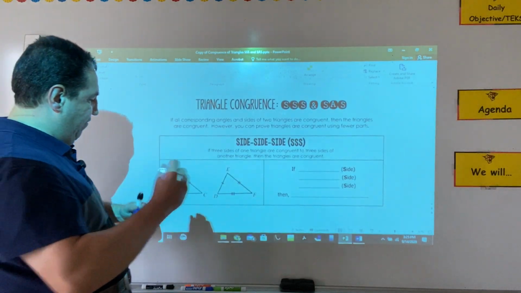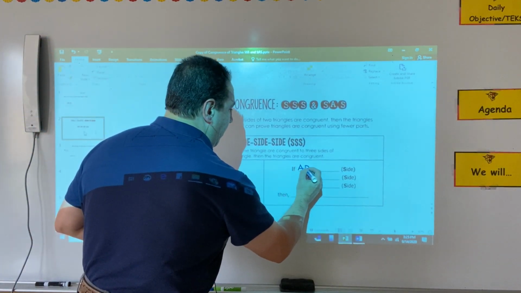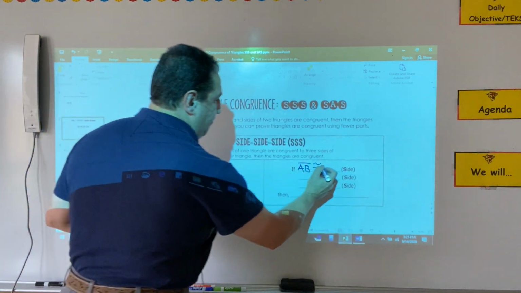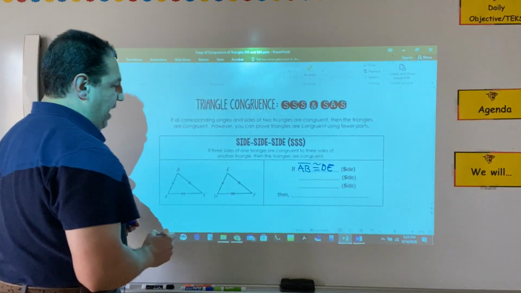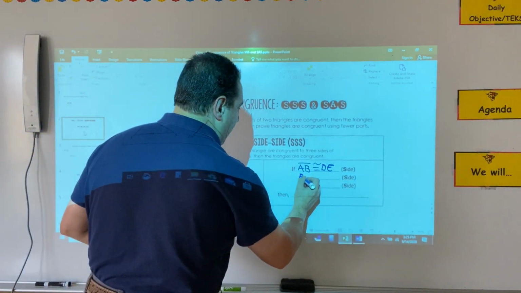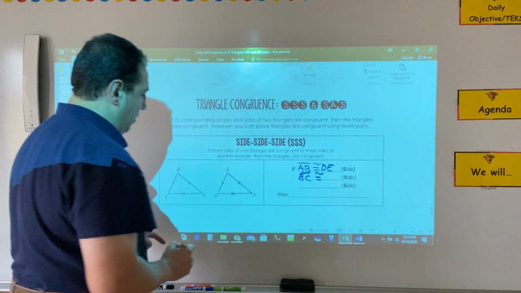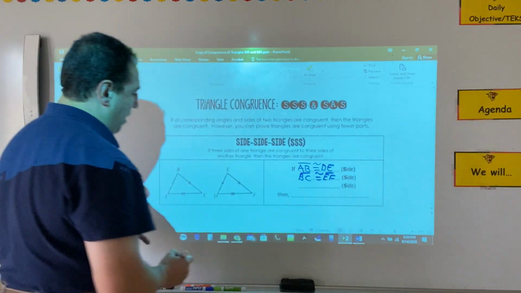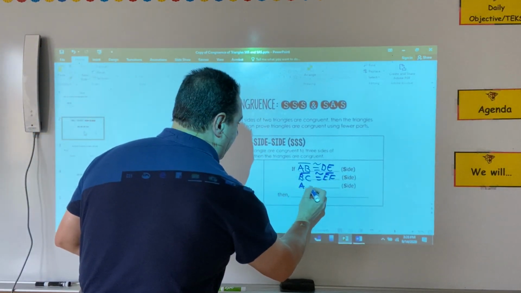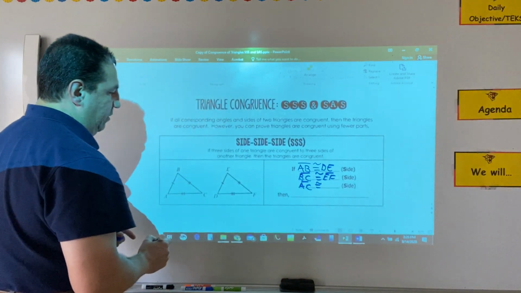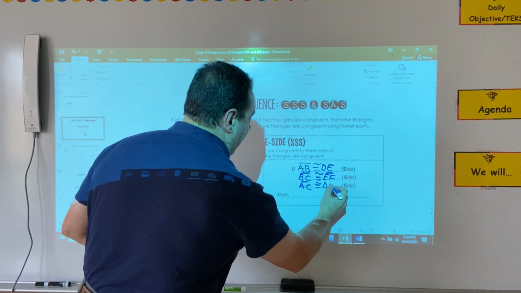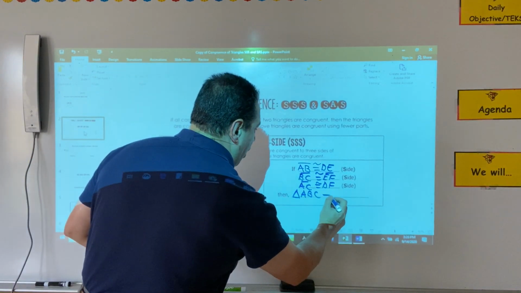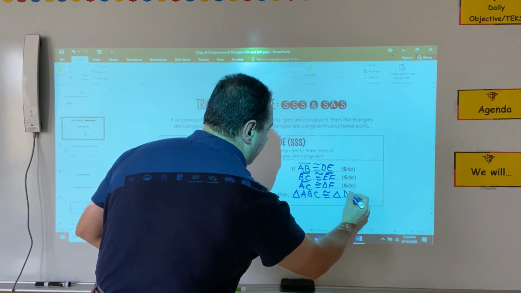If AB is congruent to DE, and BC is congruent to EF, and AC is congruent to DF, then triangle ABC is congruent to triangle DEF.